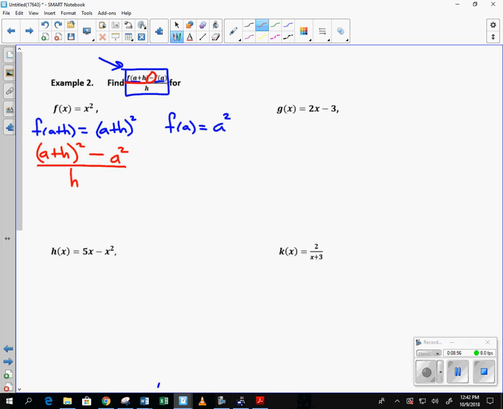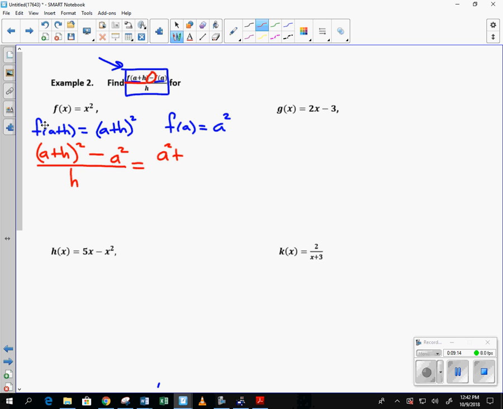And I'm going to simplify that expression. And the way that that expression becomes simplified is this. I'm going to expand the a plus h, and you're going to see something nice happen. If I expand that a plus h squared, what do I get?